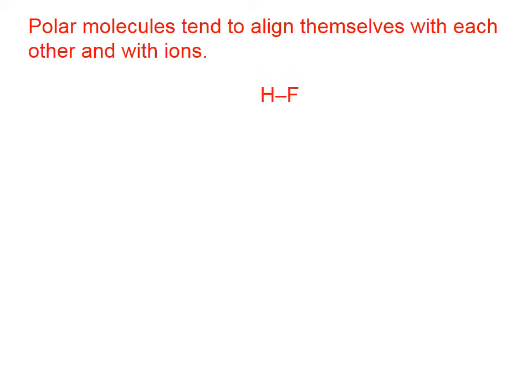If we take hydrogen fluoride again and show a bunch of other hydrogen fluoride molecules, they tend to align themselves in this way, where the fluorines from one molecule want to get together almost with the hydrogens of other molecules. And this is particularly noticeable if we cool this substance down.